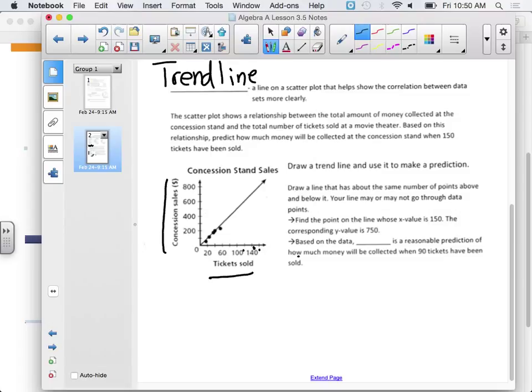Okay, so now, if we wanted to make a prediction about how much money they would make if they've sold 150 tickets, what would we do? We keep going up the line until it hits the graph, and that's about right there. That's why I gave you rulers, so you can use straight edges to get there more accurately. Thank you, Cody.